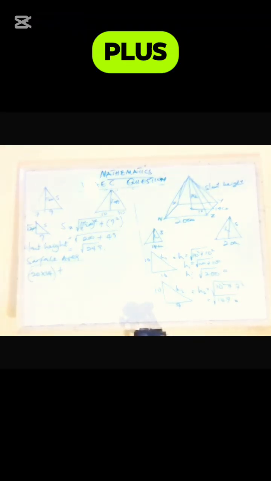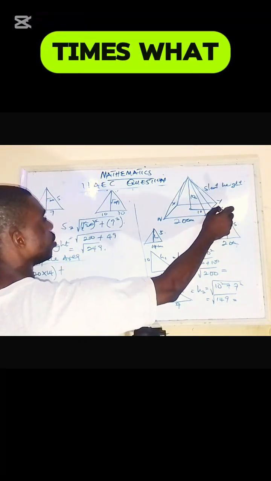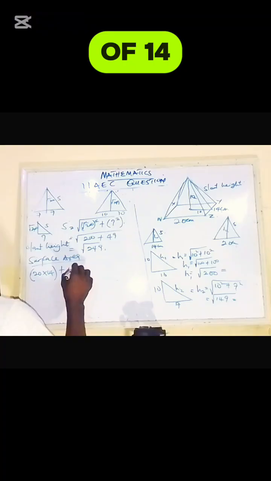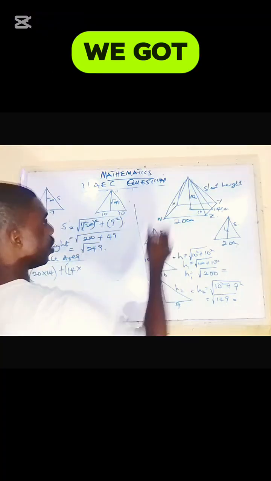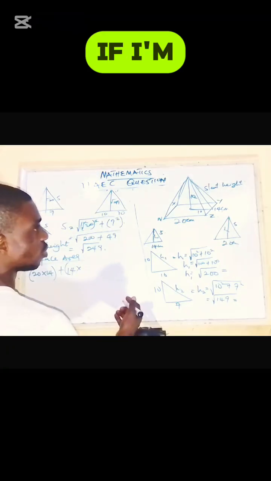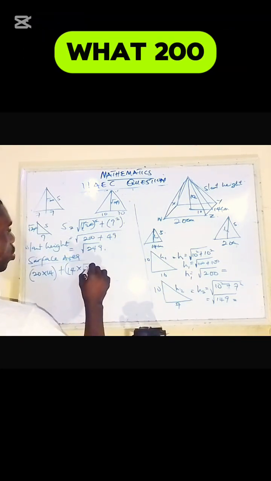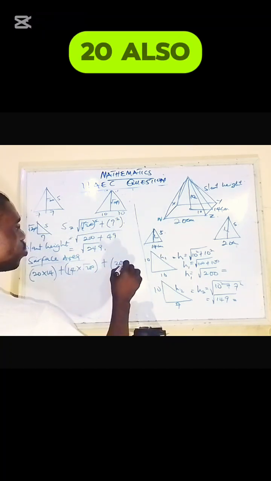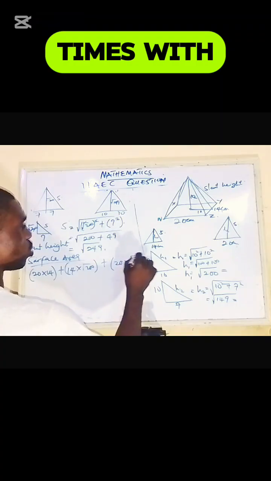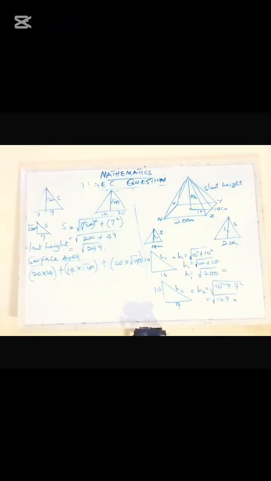Plus this one, the base of this one, 14, times the height we got here, which is H1, if I'm not mistaken, root 200. Plus 20 also times root 149. That's it.